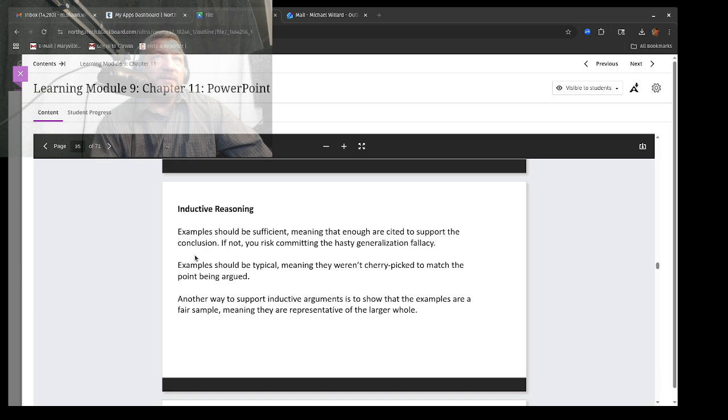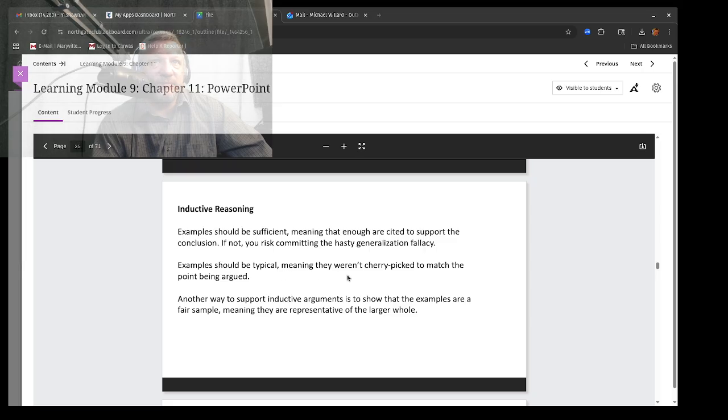All right. When we think about inductive reasoning, examples should be sufficient, meaning that there's enough to support the conclusion. Otherwise, you're committing a hasty generalization fallacy. We don't want to explain too much, but we don't want to give them too little information.